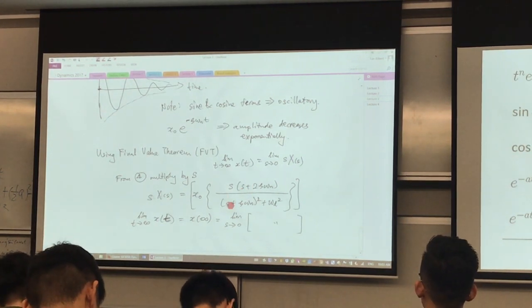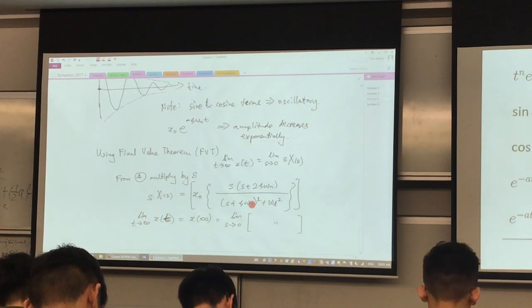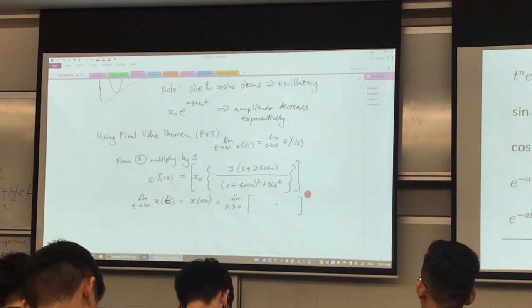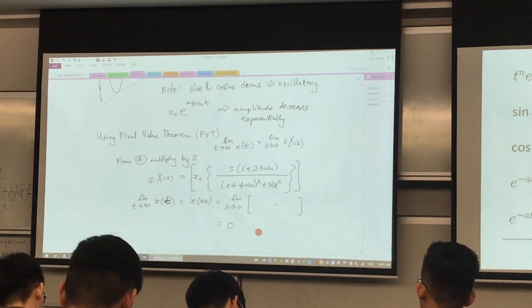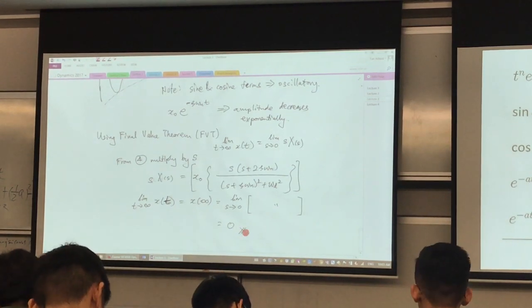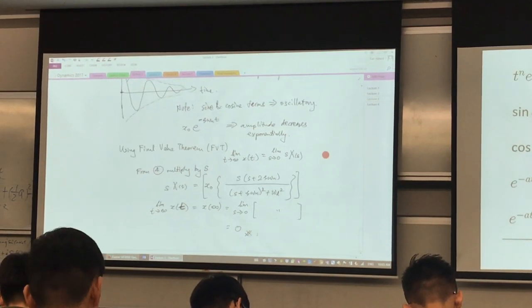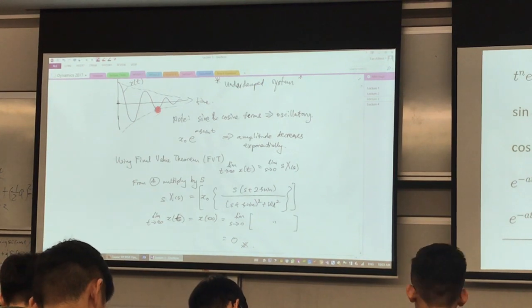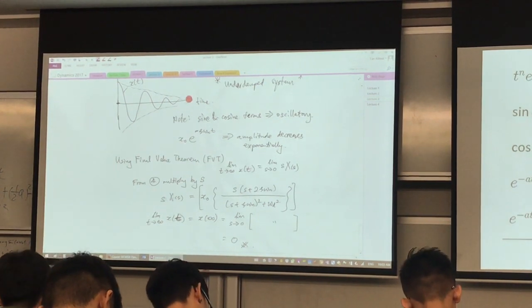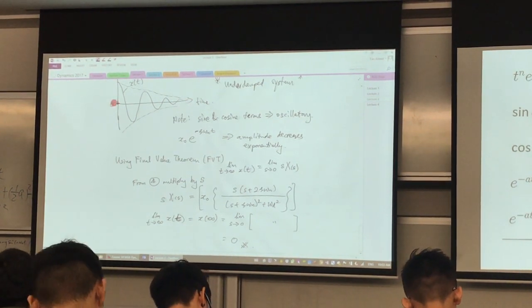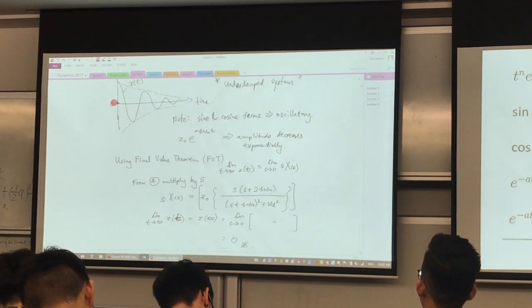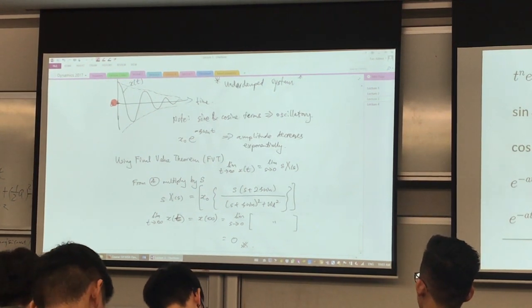So 0 over whatever is down there will be equal to 0. So what that means is that when time goes to infinity, that value is 0. That's what it means.